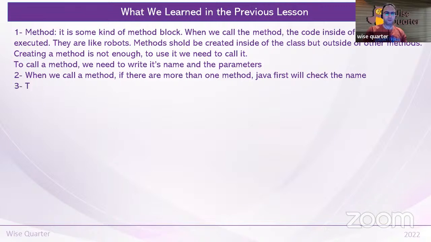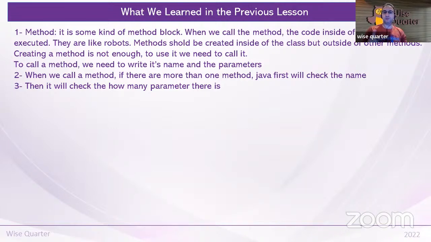Then it will check the parameters. Parameter number. Let's check how many parameters there is. So if you send two numbers, Java will try to find same named method.